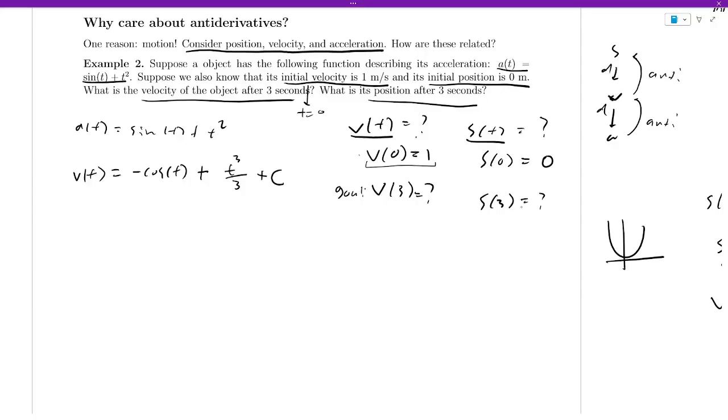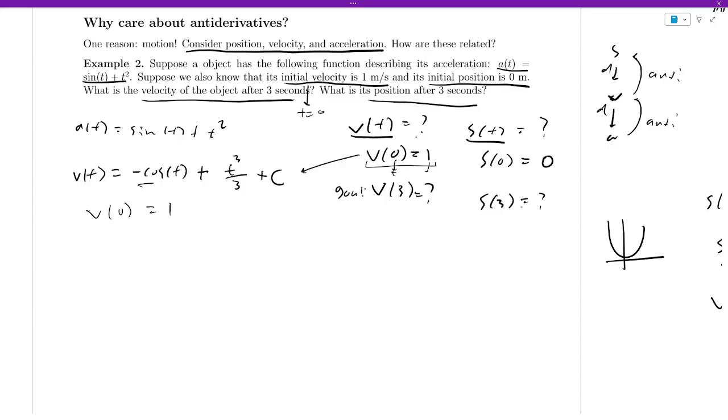This is actually super easy. We just have to plug this in to here. C is an unknown that we're going to solve for. Remember, t is the input, so I'm going to have 0 plugged in for t. And the output is 1, right? So I can write v of 0 as 1. Well, what's v of 0?